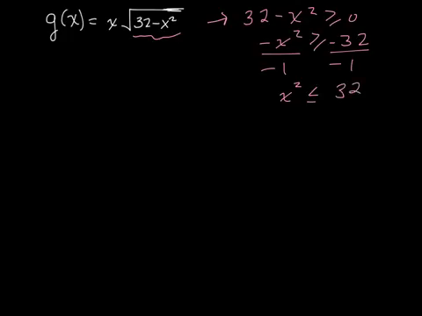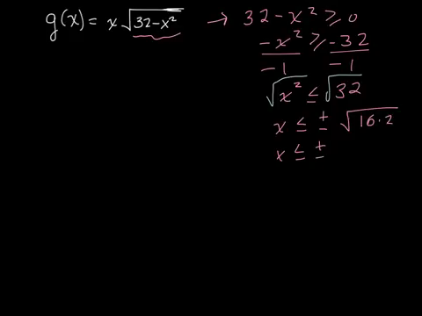Then finally I square root both sides and I get x, and when you square root you have to do the plus or minus. The square root of 32, I can break that down into 16 times 2, and so that will give me plus or minus 4 square roots of 2.